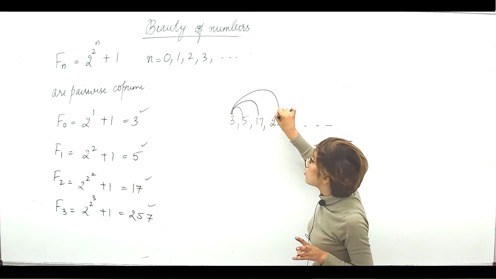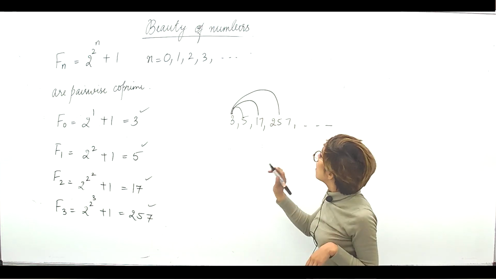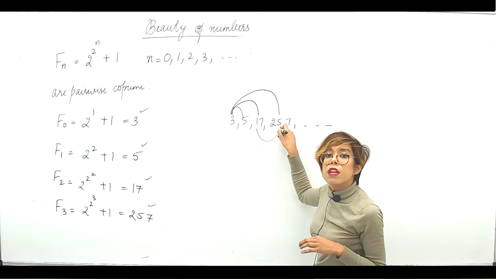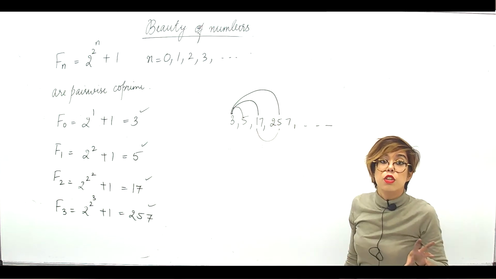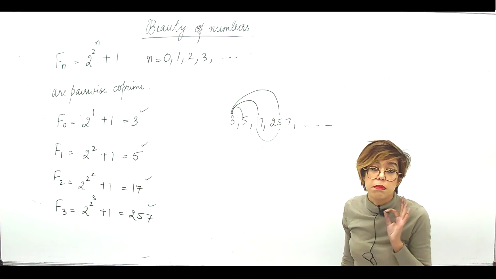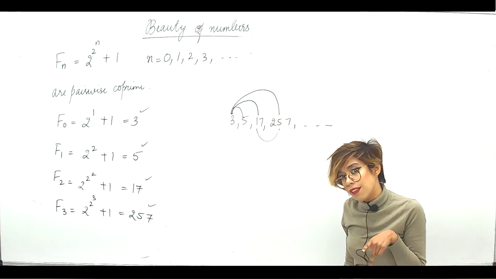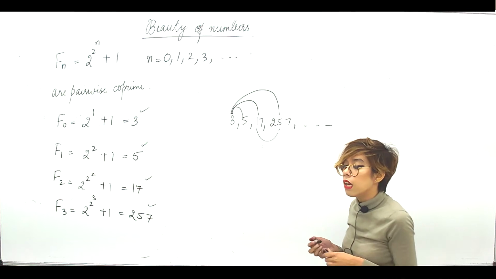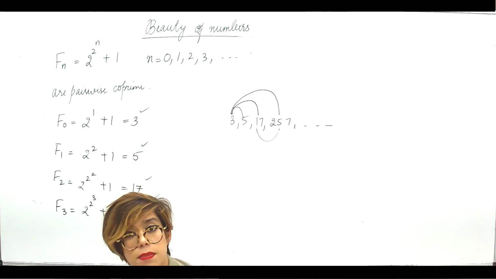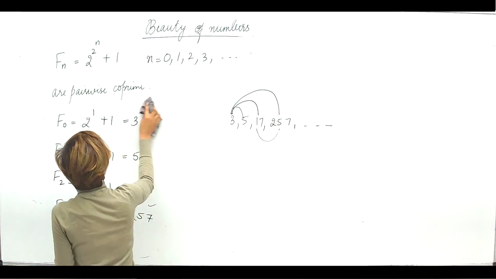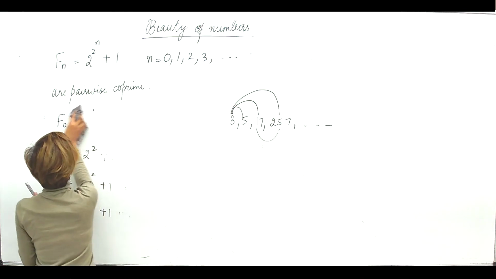If you take any two numbers, those should be co-prime. You need to prove that. Now do you understand the question? We are trying to understand what he is asking us.